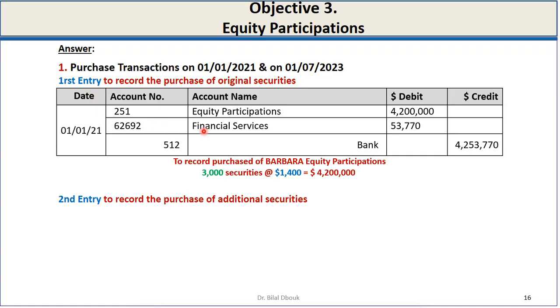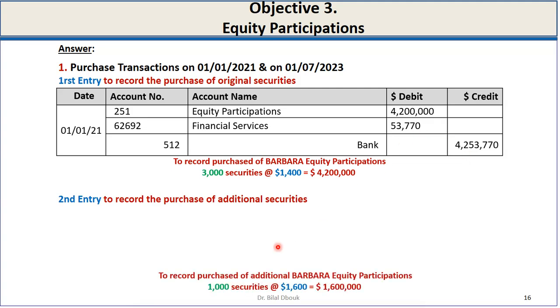I debit 62692, which are expenses accounts in financial charges, $53,770, and I credit bank account in class 512 $4,253,770.